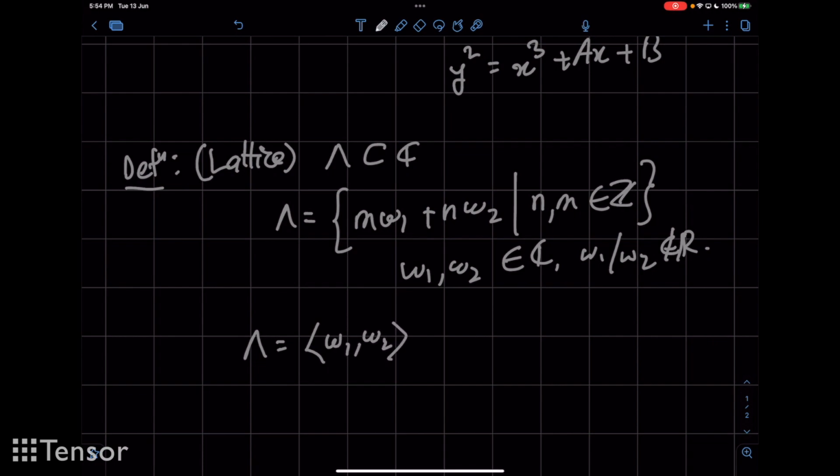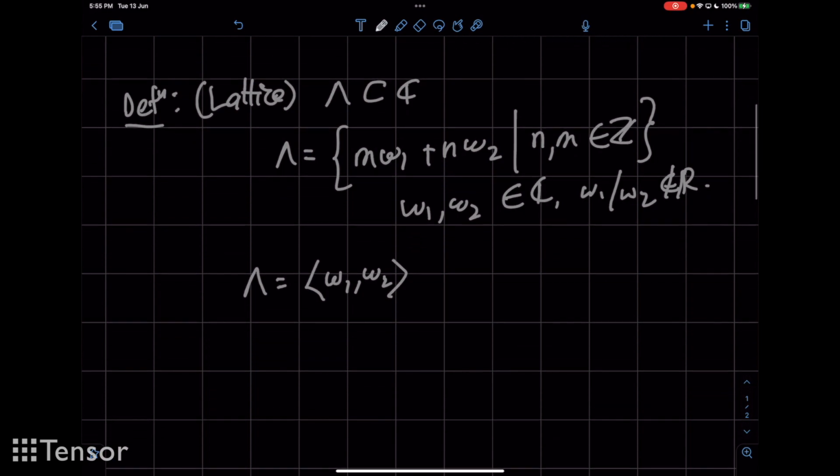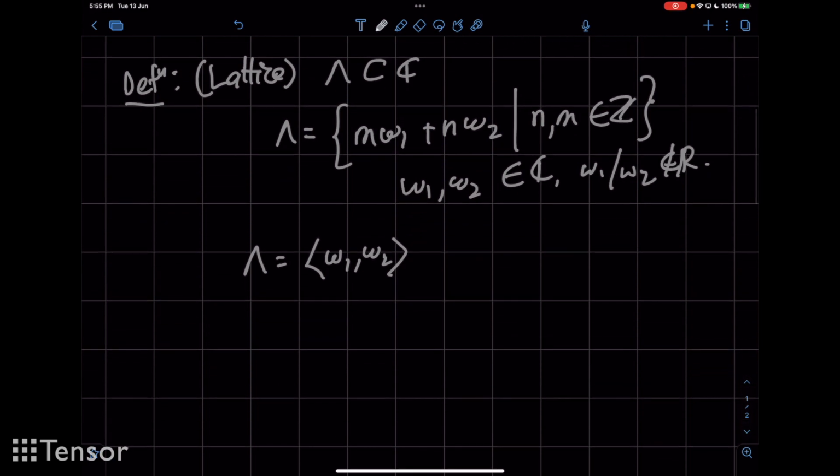So this is a lattice, and we shall call two lattices homothetic if a condition is satisfied. I'm going to define that condition.